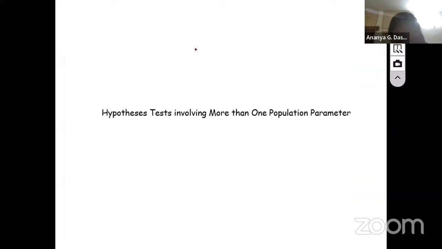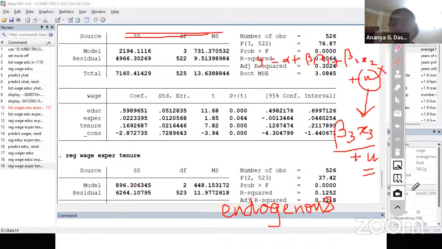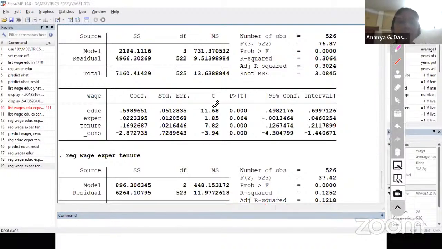Okay. Now, this I'll quickly run over, telling you what's out there, what kind of hypothesis tests you can do in a multiple regression context which involve more than one population parameter. We've already seen that if you have a multiple regression model, you can do a lot of hypothesis tests, which are indicated by these t-stats and these p-values.